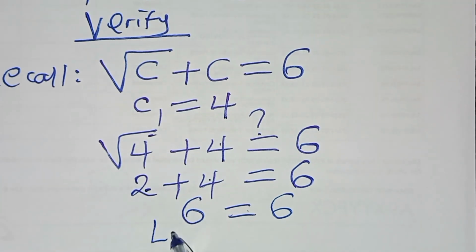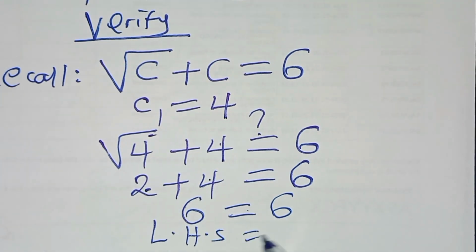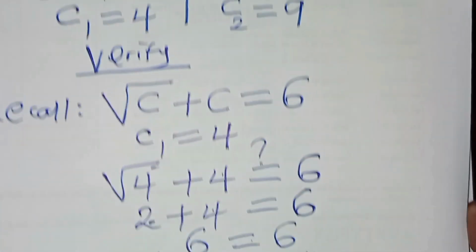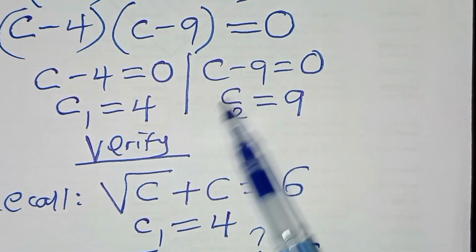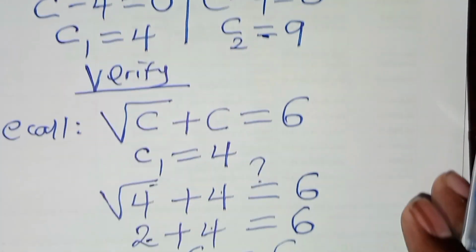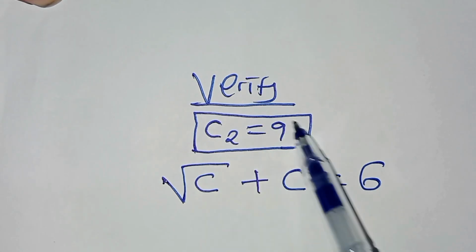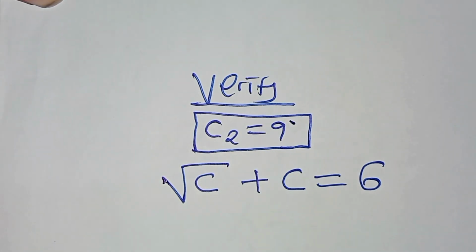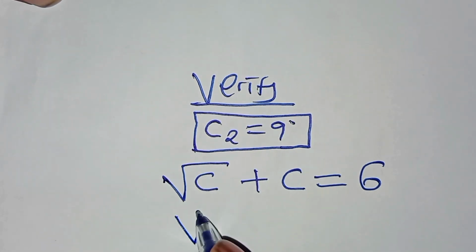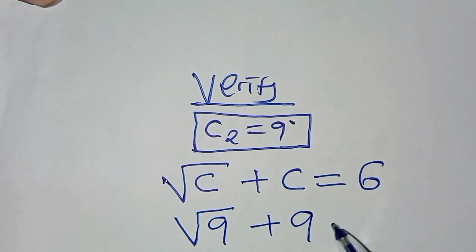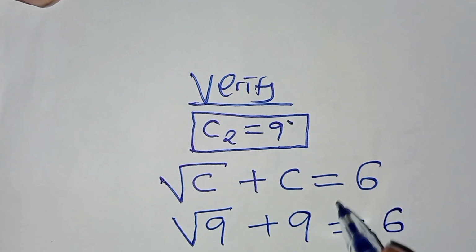So that implies that the left-hand side is equal to the right-hand side. So let's verify c2, which is 9, and check whether it satisfies the equation. So here we'll have the square root of 9 plus 9. Let's check if this is equal to 6.